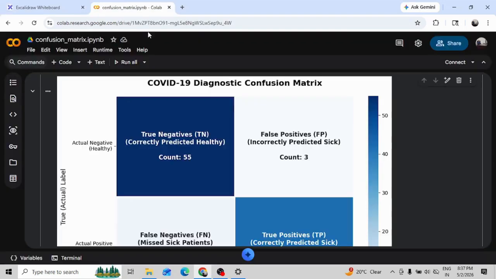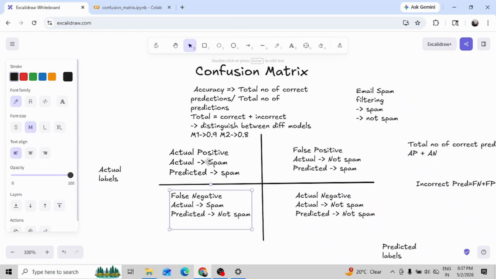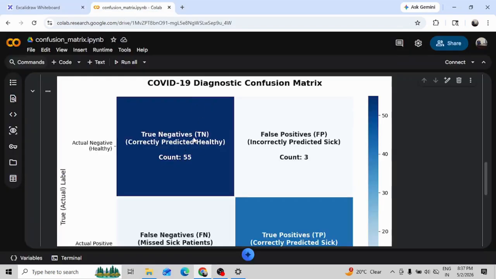Here I've written actual positive, but here you can see that actually it is negative. These labels can be interchanged, but you can understand that here true negative means that a person is healthy and the machine also predicted that the person is healthy.